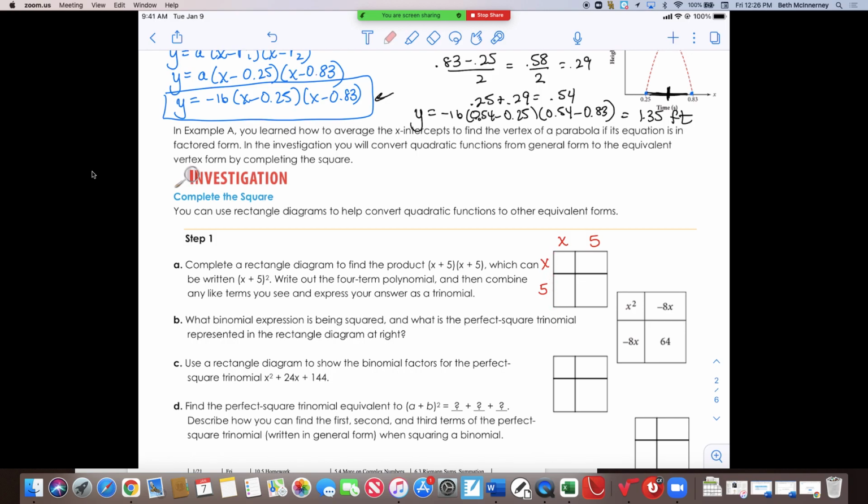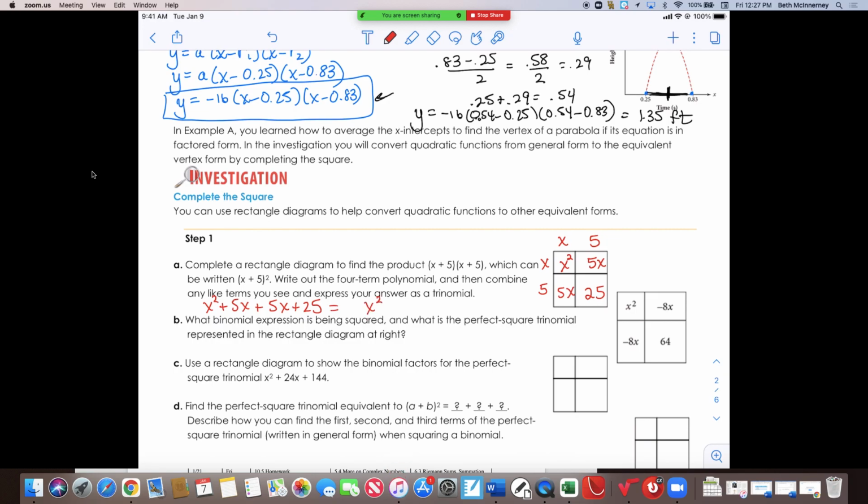So when I multiplied, you do x times x, which is x squared. X times 5, we don't leave it like that. We would write 5x. Then I'm going to take 5 times the x, and then the 5 times the 5. So what I get is x squared plus 5x plus 5x plus 25.